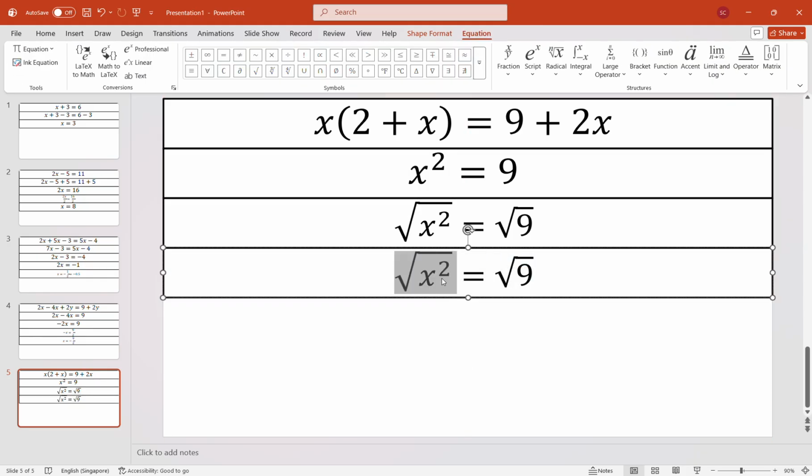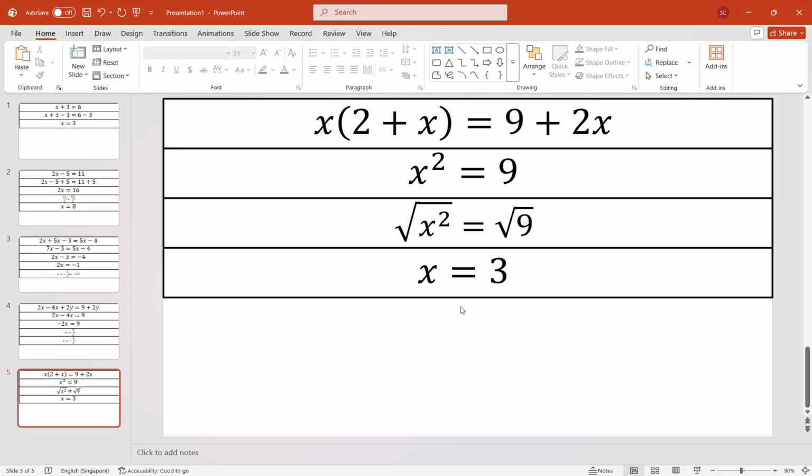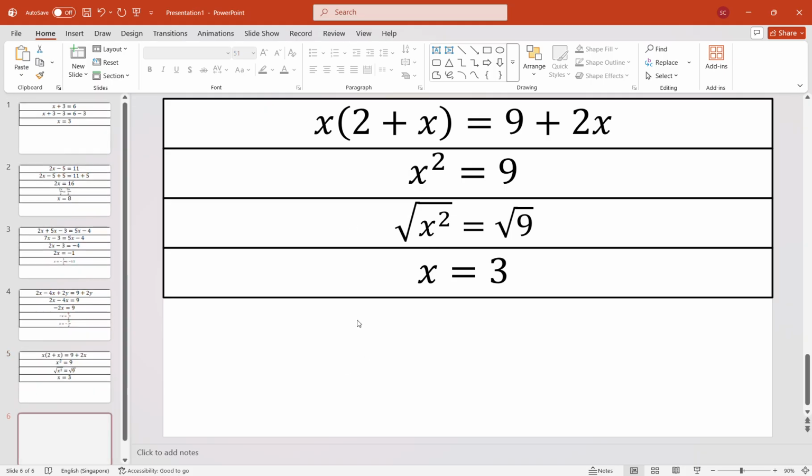So the square root and the square cancel out, and the square root of 9 is just 3. So therefore, x is equal to 3. Now what about factorization?